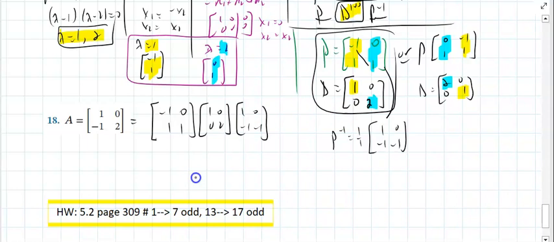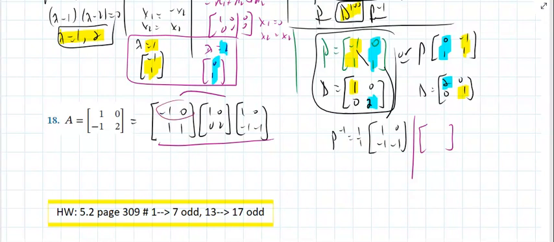I could show you that this works really quick if I multiply them out. When I multiply the first two, I'll get a 2 by 2. I'll get negative 1, 0, 1, 2, multiplied by 1, 0, negative 1, negative 1.